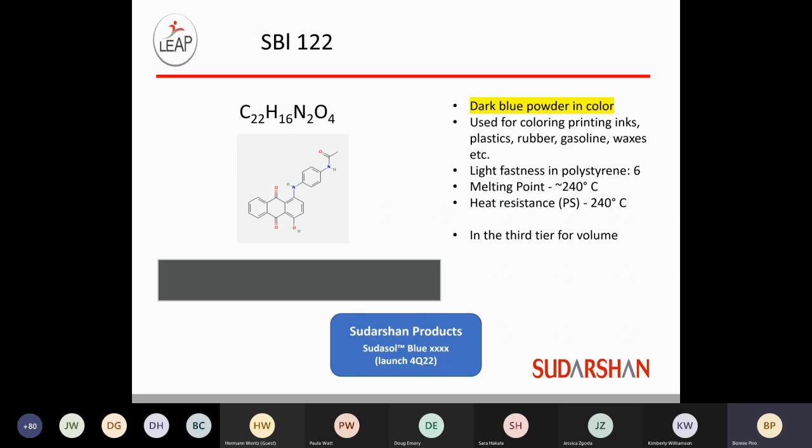However, it does have a lower heat resistance than the others that we've discussed already, with a rating of 240 degrees C. So consider that with respect to your technical requirements for your application. The Sudarshan product will be launched later in this year in the fourth quarter, so we are also looking forward to that one as well.